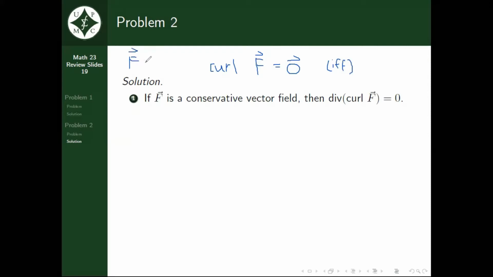F conservative implies curl of f is zero. This only holds if we are talking about f being defined on a simply connected region.